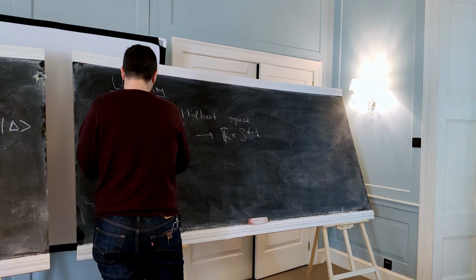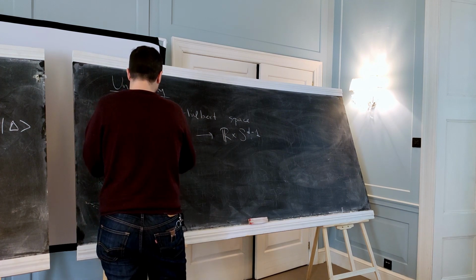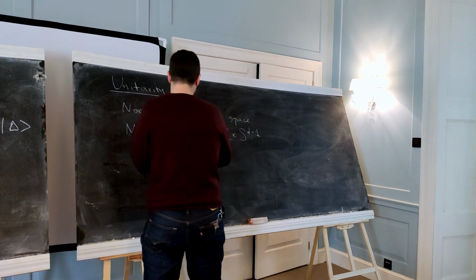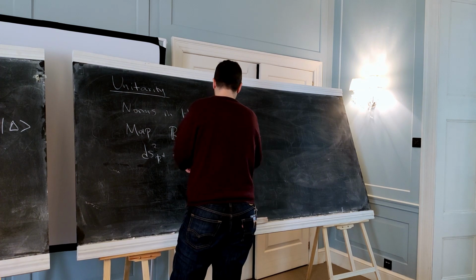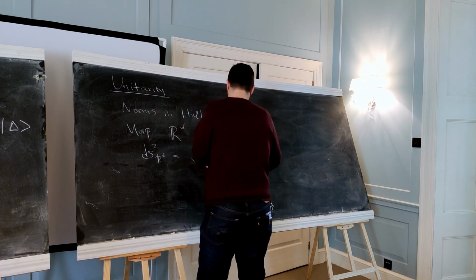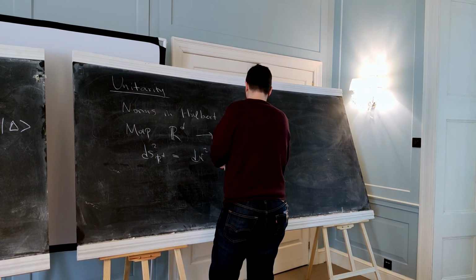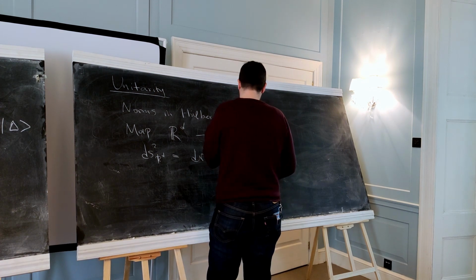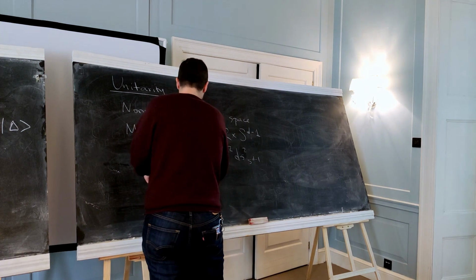Take your line element, which is dr squared plus r squared times ds squared of S^(D-1), and pull an r squared out.